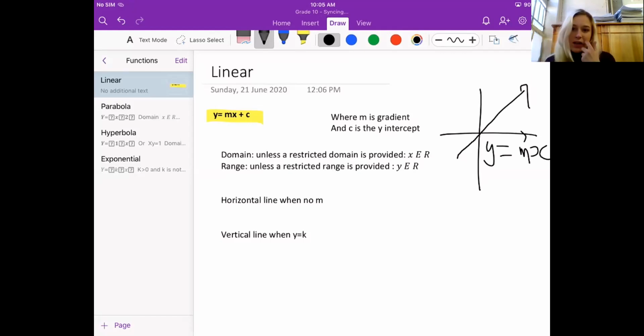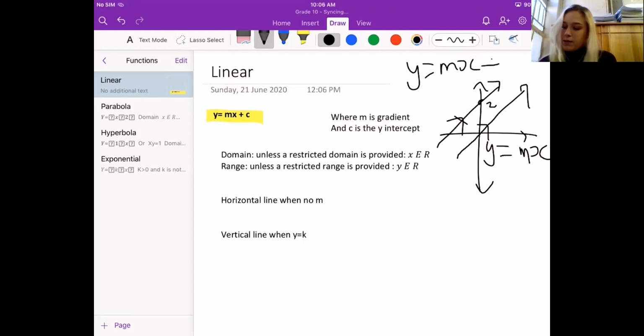Okay, so there's no plus c because it doesn't have a y-intercept. But if we had a y-intercept, let's say 2, because we can see that both the lines actually look like they have the same gradient. They are parallel. So this would be y is equal to mx plus 2.